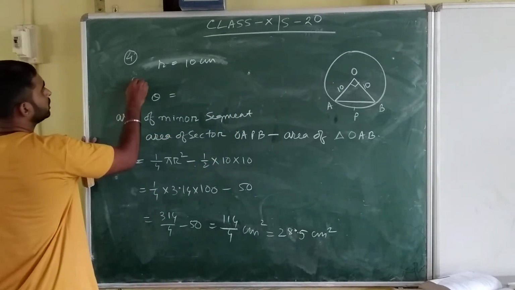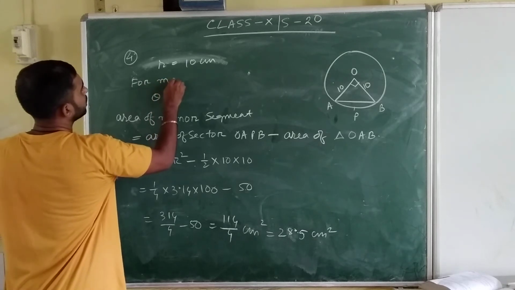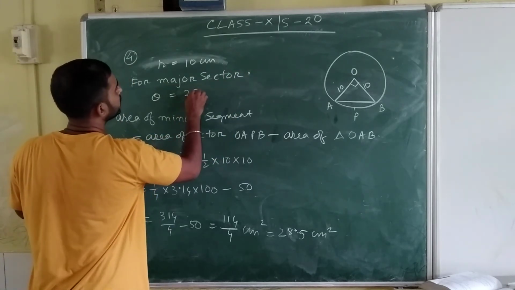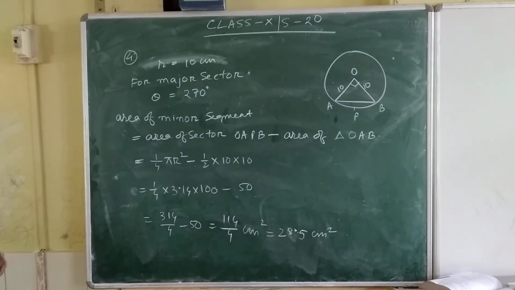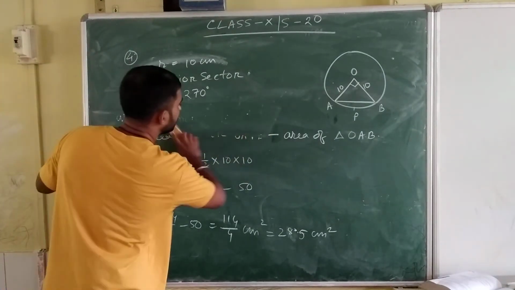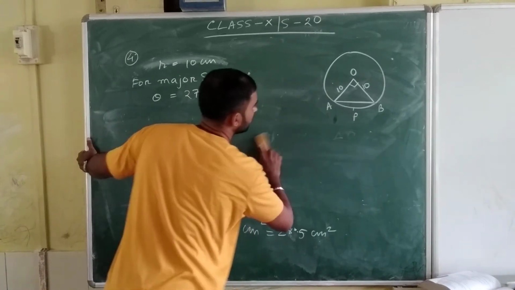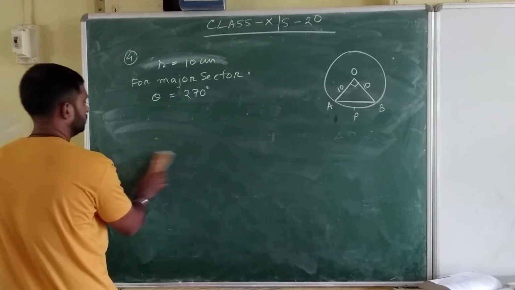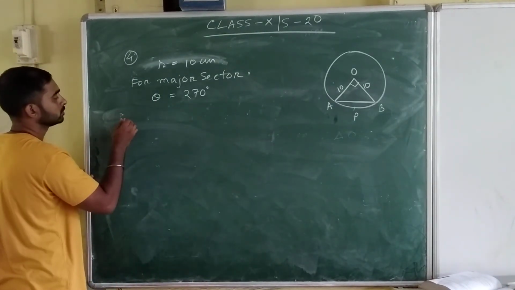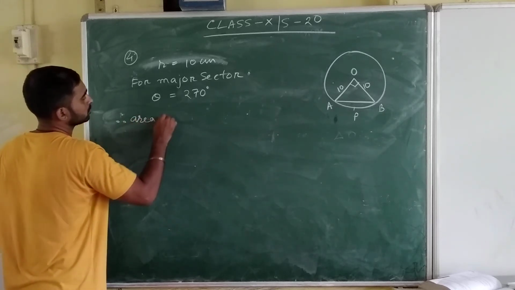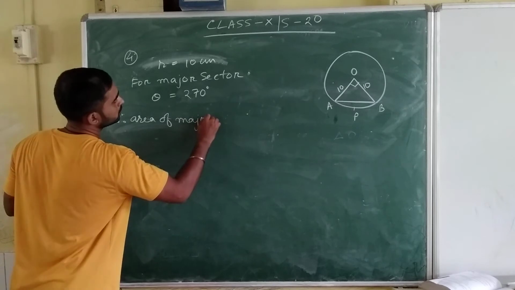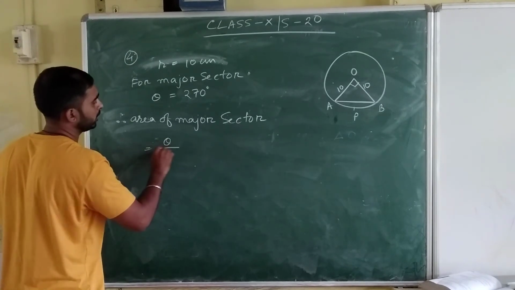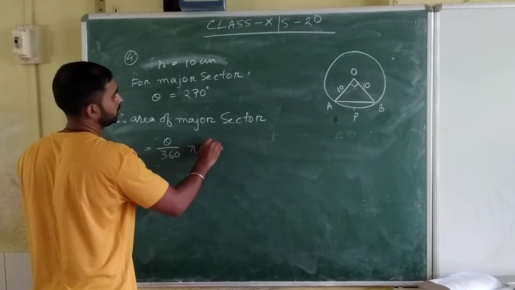For the major sector, theta equals 270 degrees. Now area of the major sector equals theta by 360 pi r square.